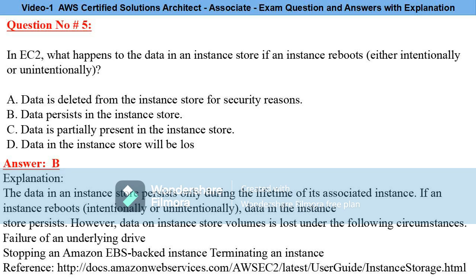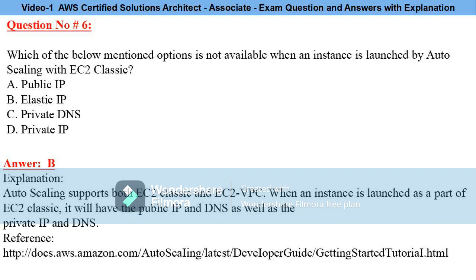For references, we have to follow the link. We have to understand in detail and in depth what is going on in EC2 and other services. We have to have detailed, scenario-based understanding so you can crack the exam easily.